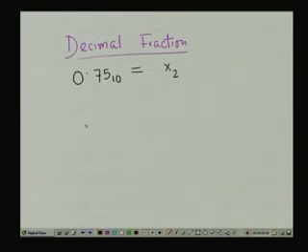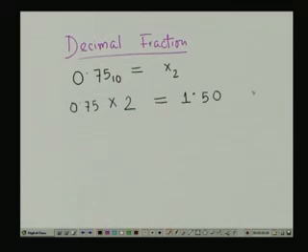Here the rule is multiplication by the base. Here the base value is 2. So, what will I do? 0.75 into 2. What will be the value? 1.5, that is 1.50.